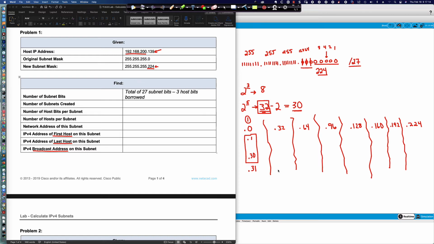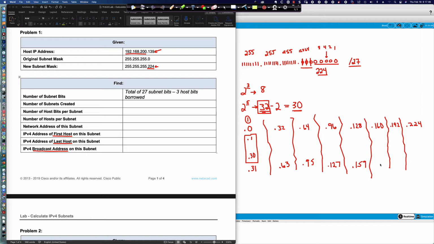So the broadcast address will be the last address in the subnet. It's one less than the next subnet ID that's above it. And so here it would be .63. And this is easy to fill out now, .95. Again, I'm just simply looking at the next network ID and then doing one less than that for the preceding subnet. So this would be .127. This one here would be .159.